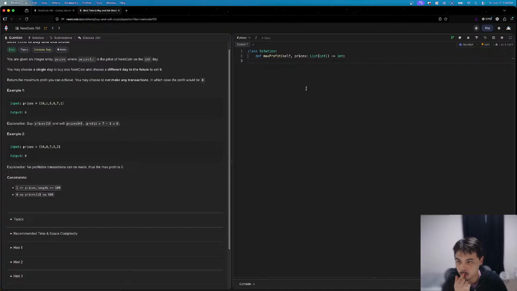Okay, so we can slide the left part of the window.